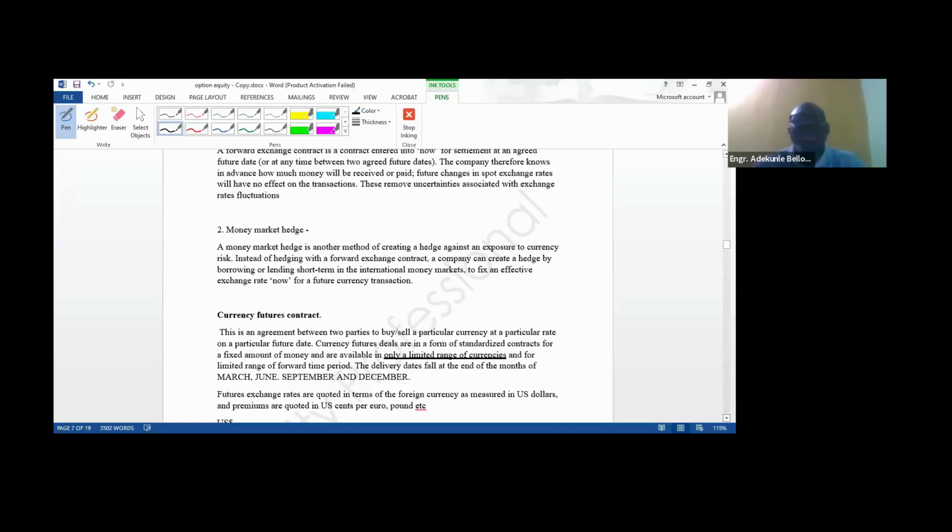If you are dealing with international transactions, if you are dealing with foreign transactions, there are two possibilities. It is either you are making payment in foreign currency or you are expecting inflows in foreign currency.